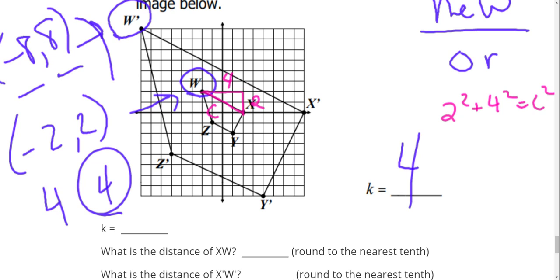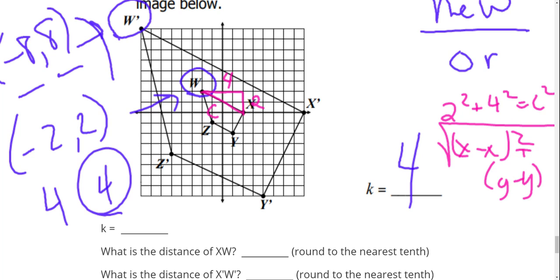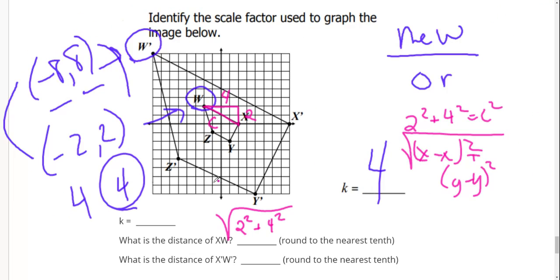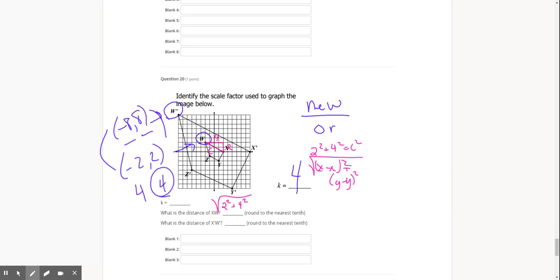You can also use the ordered pairs and use the distance formula. X minus X squared plus Y minus Y squared. I'm running out of room. Okay. But for the distance, you'd get 2 squared plus 4 squared, and then remember to take the square root of that. Does that make sense for the distance?